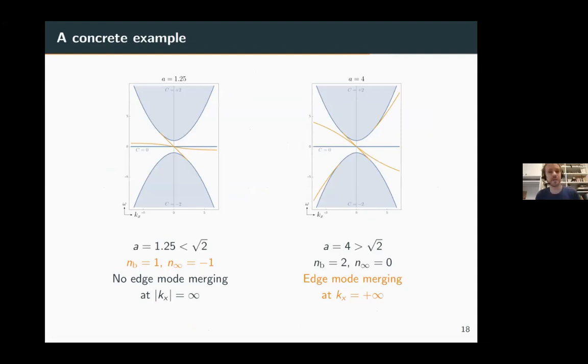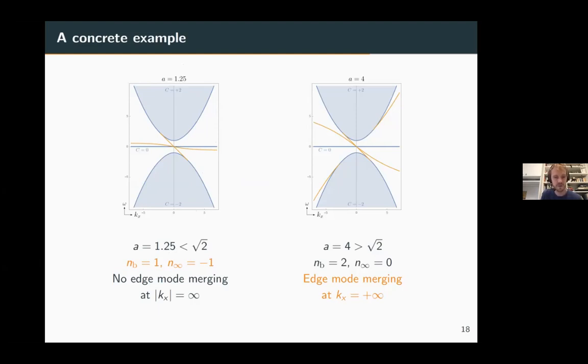So here is an example. Remember that the threshold is square root of 2. Below square root of 2, for example A is 1.25, we see in the finite spectrum one edge mode, merging here with the continuum. And then the theorem says that at infinity, the scattering amplitude is winding as if there were some edge mode.